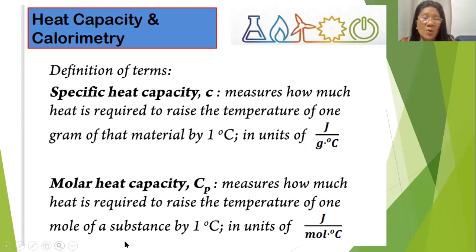Molar heat is for 1 mole of a substance by 1 degree. Therefore, your molar heat capacity unit is joule per mole degree centigrade. Because it is specific heat, it has a unit of joule per gram degree centigrade. Because it is molar heat capacity, it is joule per mole degree centigrade.